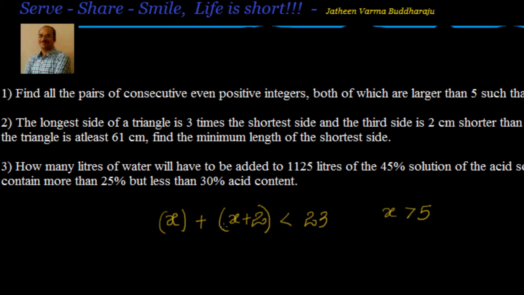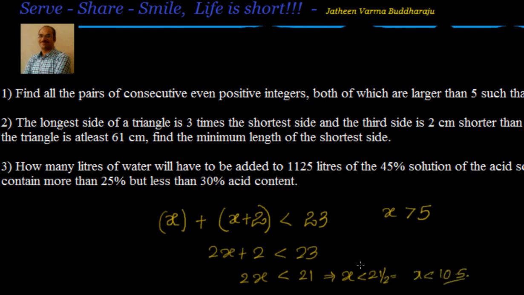Now let us look here. If I simplify this, 2x plus 2 less than 23, or 2x less than 21, that gives me x less than 21 by 2, that's equal to x less than 10.5 to be precise. Now x greater than 5. After that, what are the integers we have? The first even integer is 6.